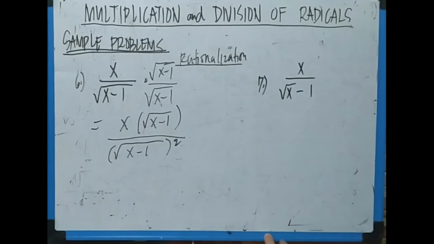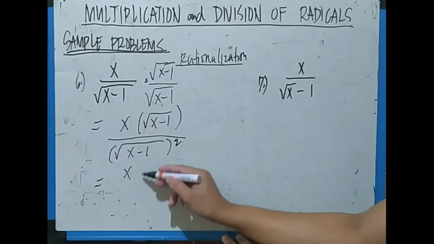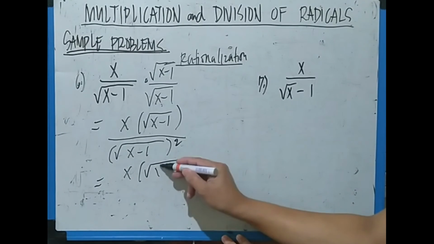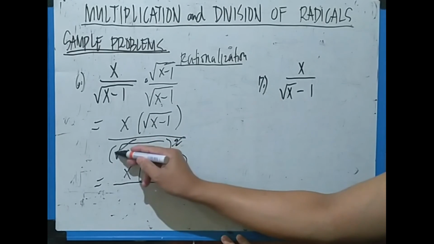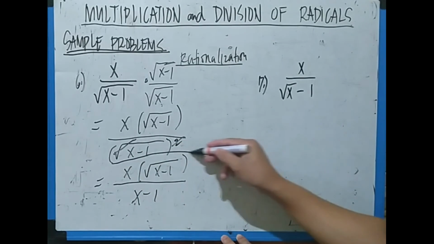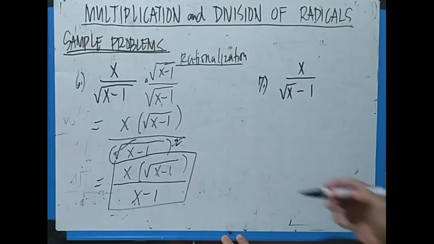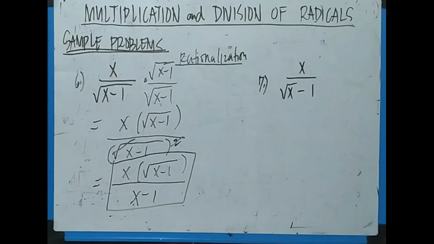Dalawa lang po sila. So pag sinimplify natin siya, magiging x square root of x minus 1, then all over, cancel natin ito, cancel itong nasa radical expression, then x minus 1. Ito lang po ang magiging final answer niya: x times the square root of x minus 1 over x minus 1.